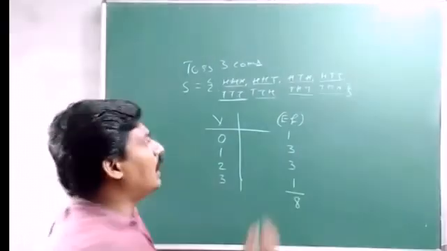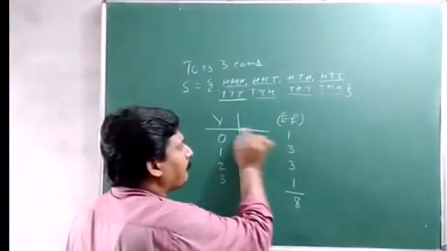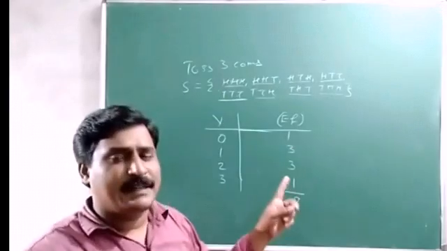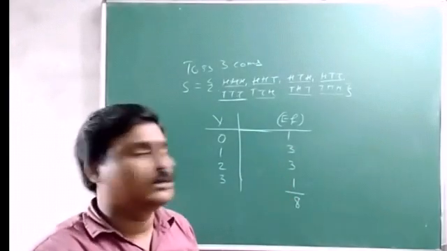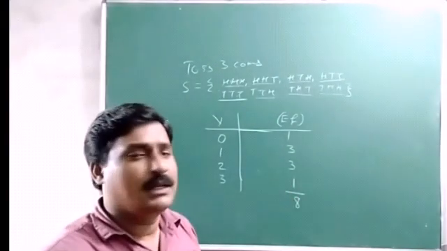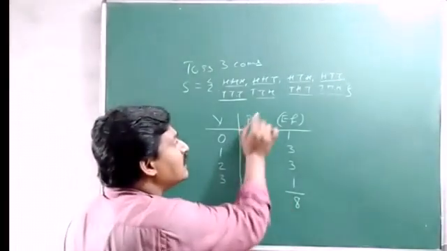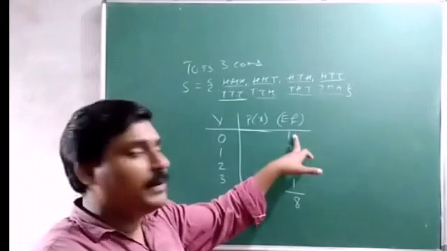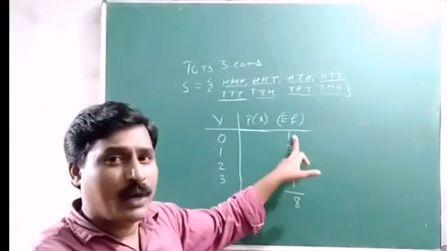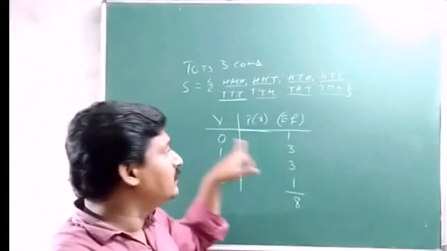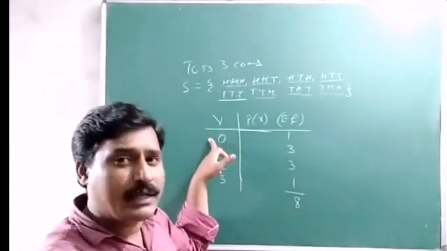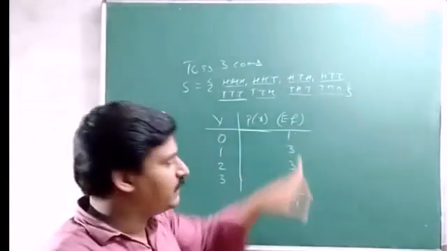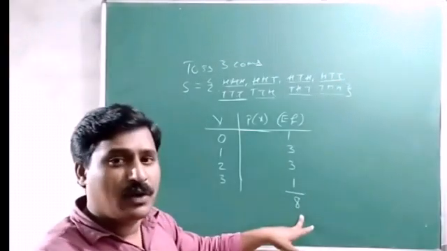These are also called expected frequencies. Now the probability associated with each of the events here. How many chances are there to get zero heads? One. So the probability of getting no head is frequency divided by the total number of outcomes, n.